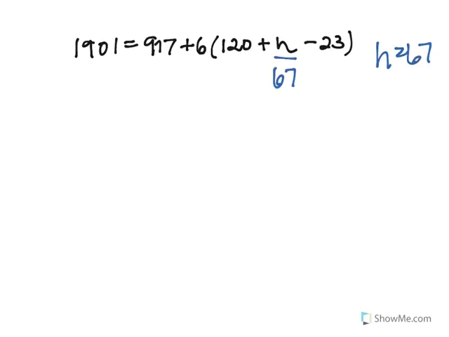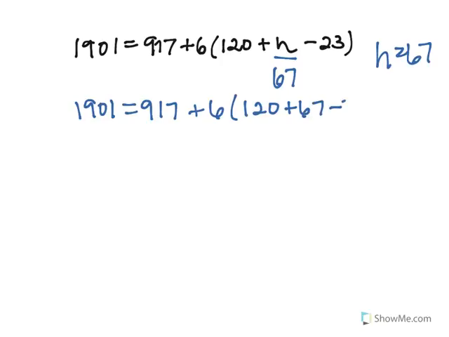So if we do that, we end up with 1901 equals 917 plus 6 times 120 plus 67 minus 23. Using order of operations, we're going to go ahead and compute everything in the parentheses first. Since it's just addition and subtraction, we can just do the math in order. So we're going to have 120 plus 67 minus 23, which equals 164.